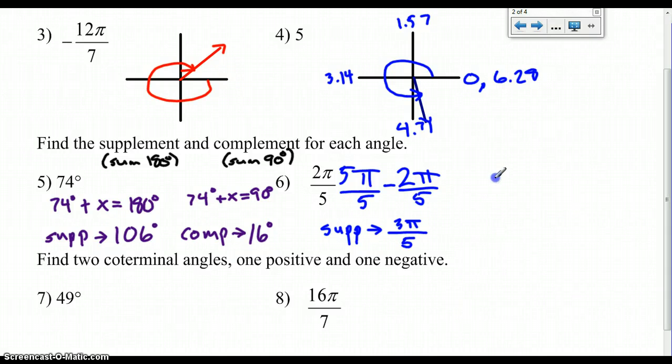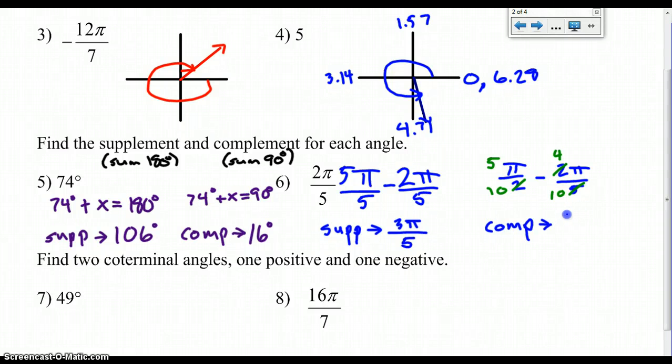Now for the complement, we have to think, okay, not 90 degrees, but pi over 2 radians. And again, we need a common denominator, in this case 10, so I'm going to make this 5 pi over 10 and make this 4 pi over 10, and what I'm left with is a complement of pi over 10.